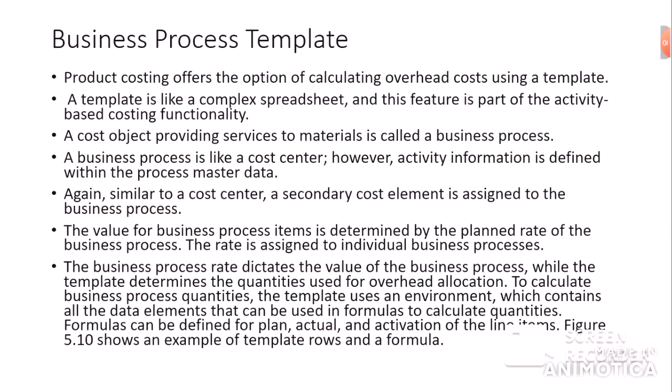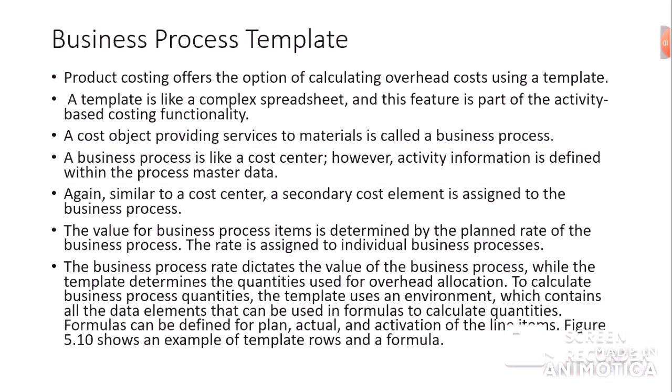Okay, business process template. Product costing offers the option of calculating overhead costs using a template. A template is like a complex spreadsheet, and this feature is part of the activity based costing functionality.